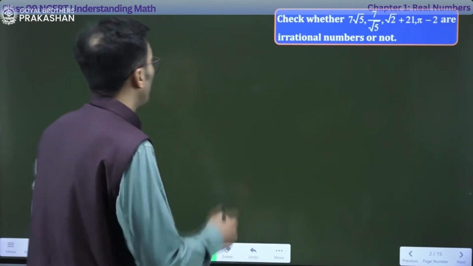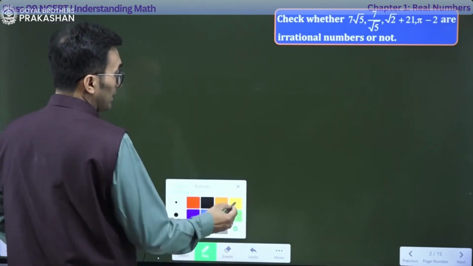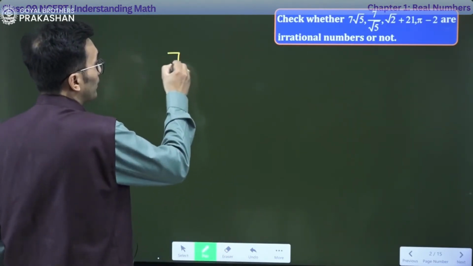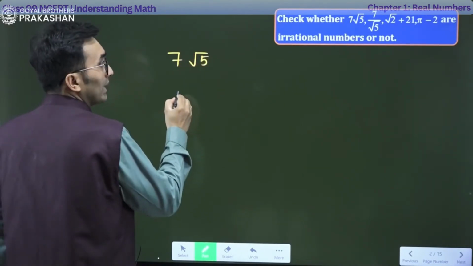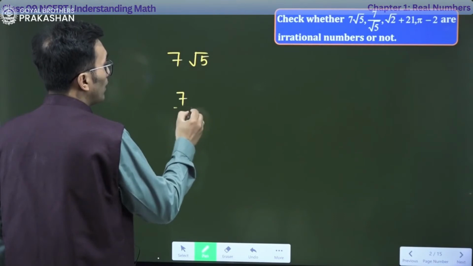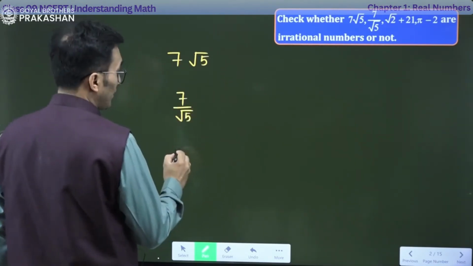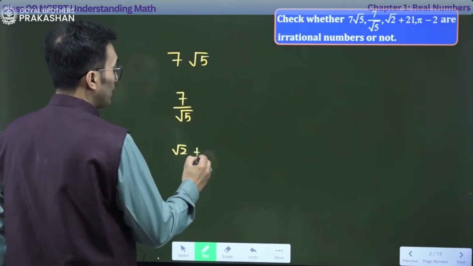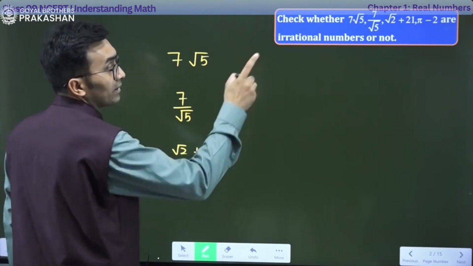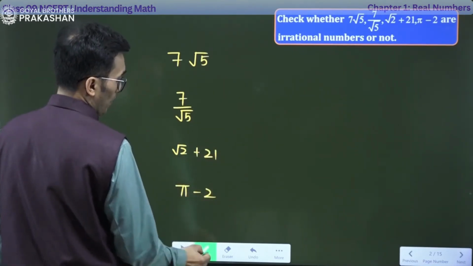Okay, so now the first number what I can see, this is given like 7 root 5. Now the second one is 7 over root 5. Now, the next one is root 2 plus 21. And the next one is pi minus 2.